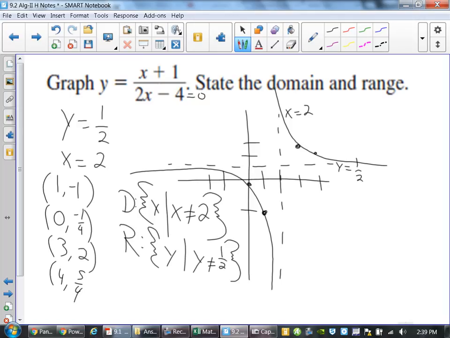You can write all real x not equal to 2, all real y not equal to 1/2. That's so long. Such that. That's the fancy way to write it.